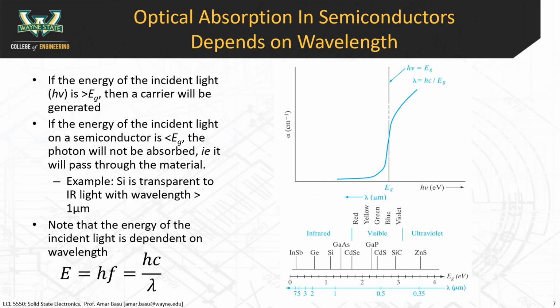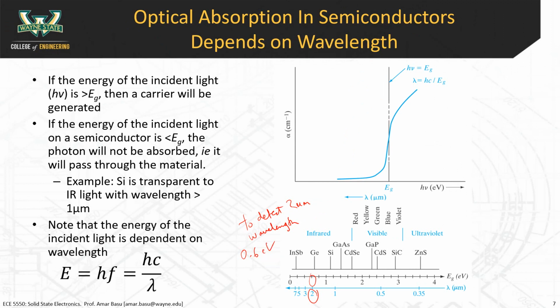Thank you, David. So to detect a 2 micron wavelength, we look at this portion of the chart and we can say that to detect 2 micron wavelength, that corresponds to a band gap of about 0.6 electron volts, 0.6 eV.